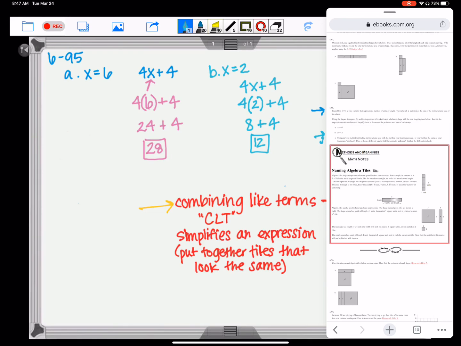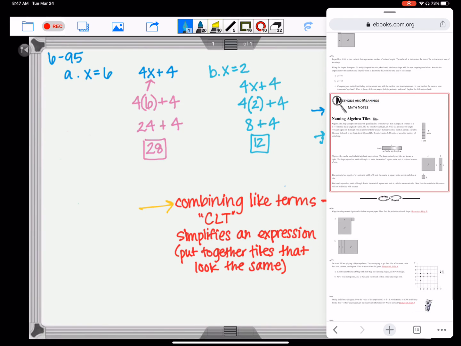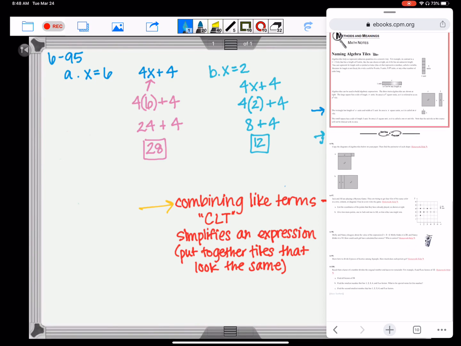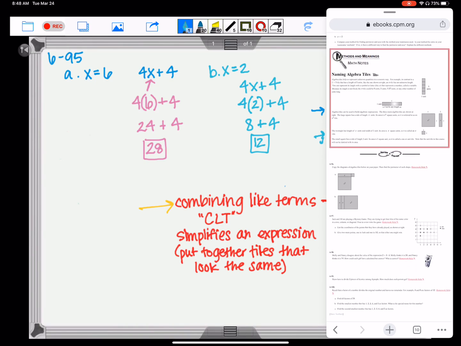Alrighty, so that's what I just wanted to go over with you guys for this lesson. I would also like you to review the math notes in CPM. Make sure that you stay familiar with those tiles, their areas, and their perimeters. Your homework problems are going to be, and I'll write these here.